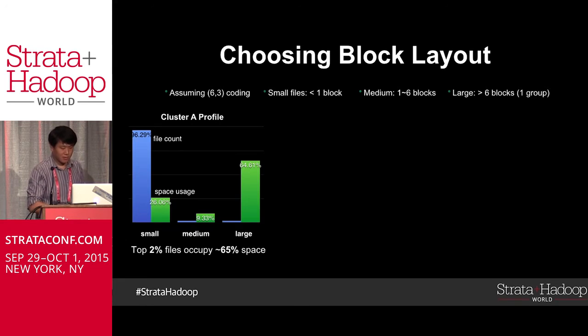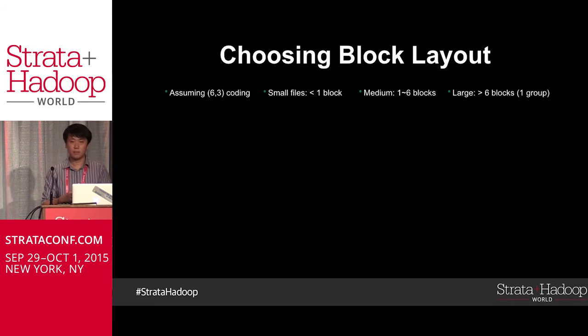And the second type is medium file. It is larger than a block, but not large enough to form an erasure coding group. If we use the popular 6+3 erasure coding schema, that means medium files are larger than 1 block and smaller than 6 blocks. And then there are large files, where a single large file can form an erasure coding group of 6 blocks.